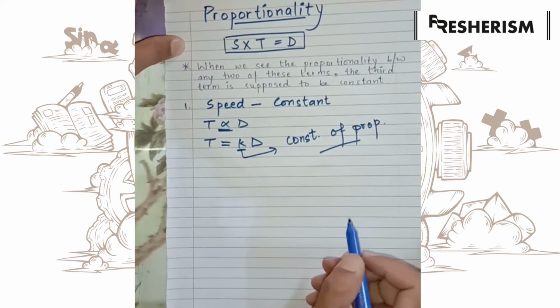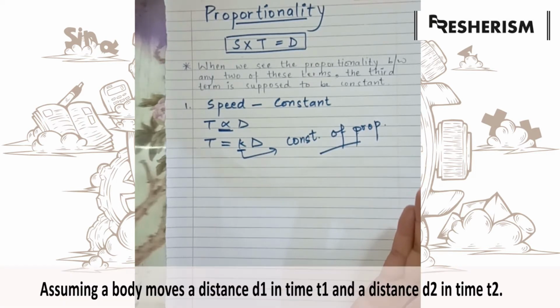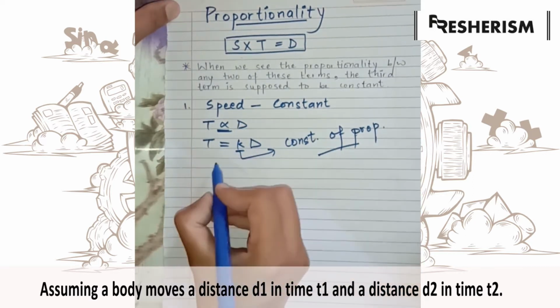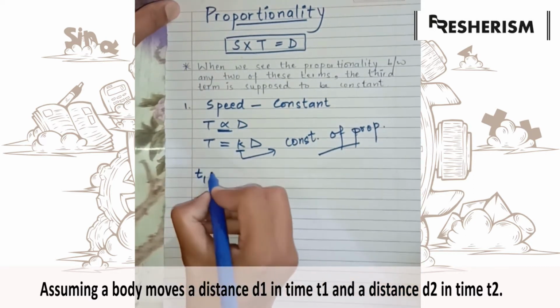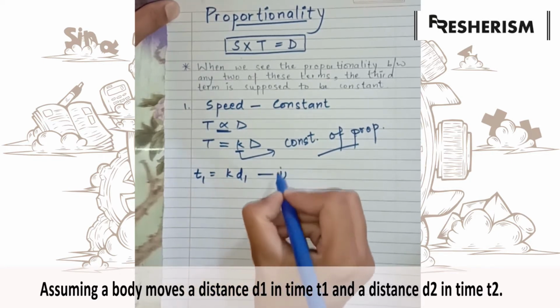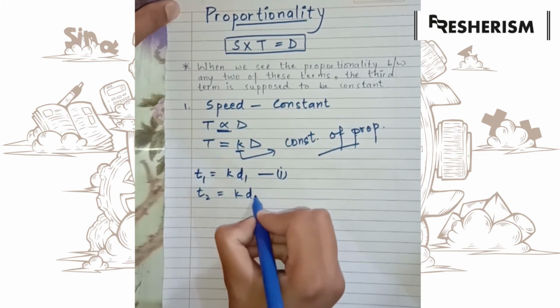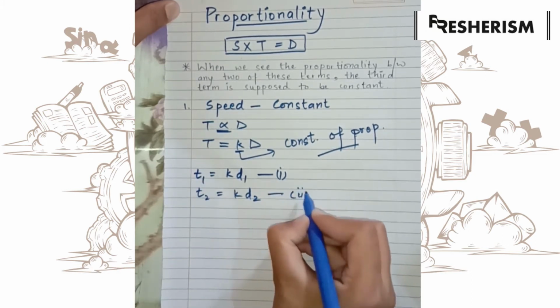Let us assume that a body moves a distance d1 in time t1 and distance d2 in time t2. So we can write t1 is equal to k d1 as the first equation and t2 is equal to k d2 as the second equation.